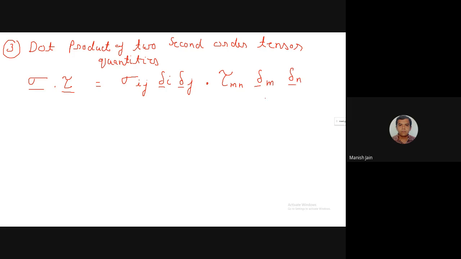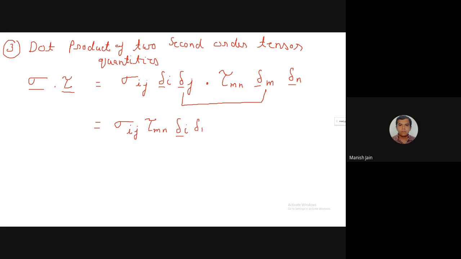Now again you have to remember that the dot operation occurs between the nearer vectors. So the nearer vectors are j and m. So here the dot operation only occurs between j and m. Now you can multiply the magnitudes sigma ij tau mn, then write the remaining vectors del i, del n.